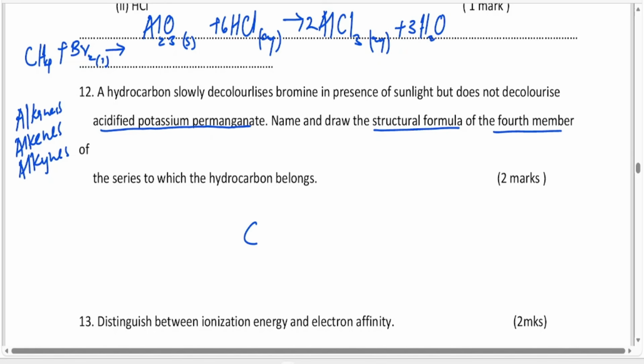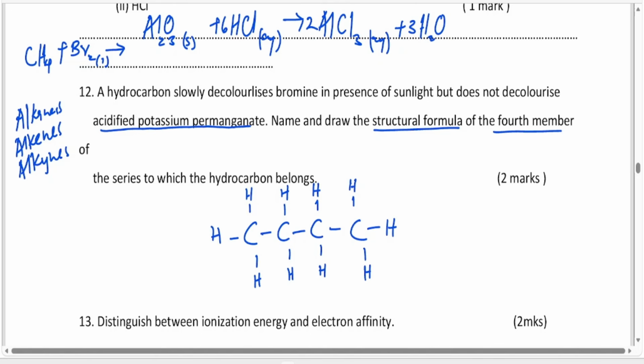So it is 1, 2, 3, 4. Because we are being taught to draw the structure, we are not just going to write the formula. So we balance the bonds. So here we need 3, here 2, here we need 2 to make it 4, here we need 3 to make it 4.